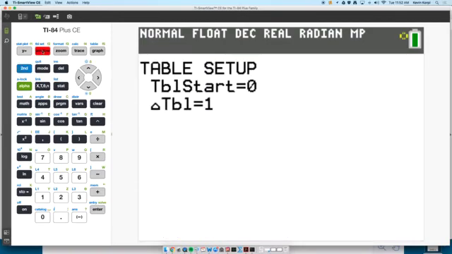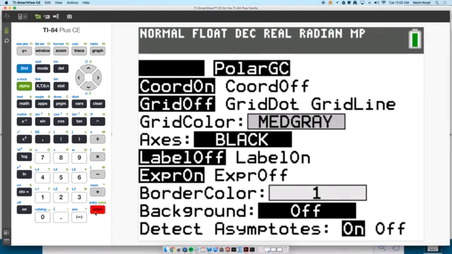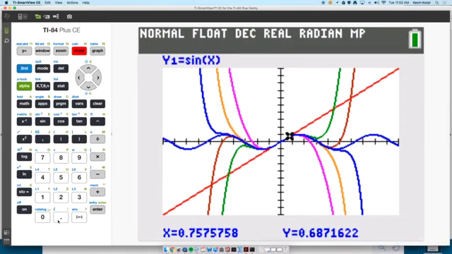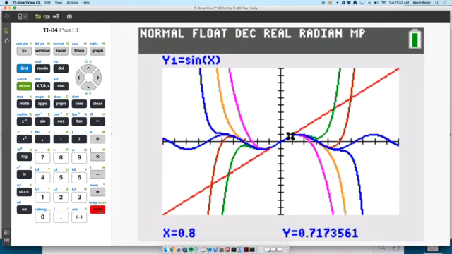Okay, my bad. Let me go to my format, and I need to be in rectangular. All right, one more time. Let's hit trace, and we'll type in 0.8. So sine of 0.8 is 0.717. If I click down, now I'm on the x. If I type in 0.8, I'm going to get 0.8, which is about 0.7.